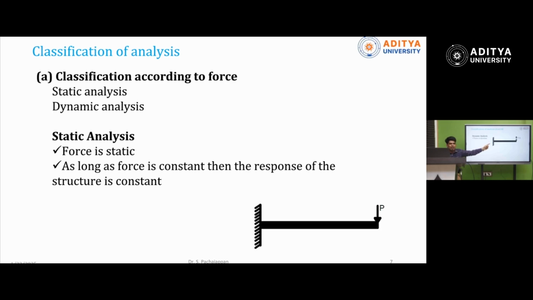So obviously what will happen? I have the cantilever beam with the point load at the free end. If it is a static load, it produces the deflection like this. But if it is a dynamic load, the position of the beam will be moving in an upward and downward direction continuously. So the deflection also is dynamic in nature.